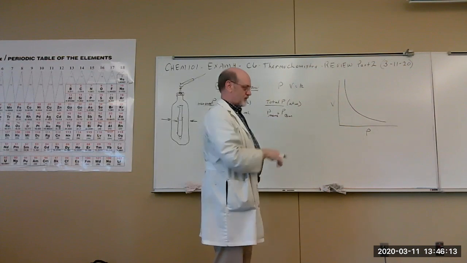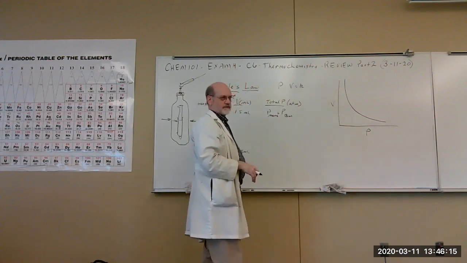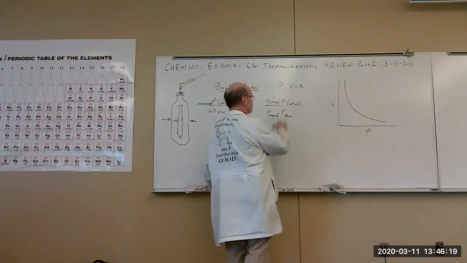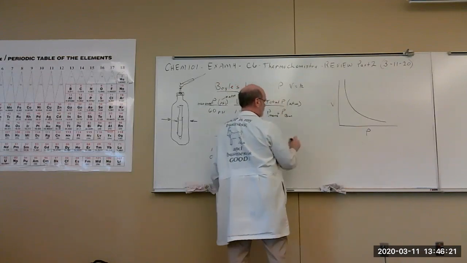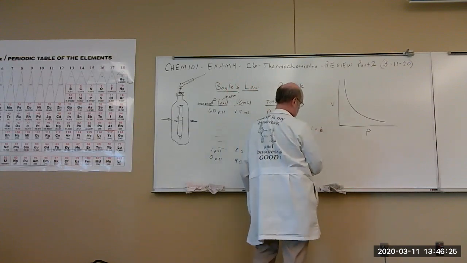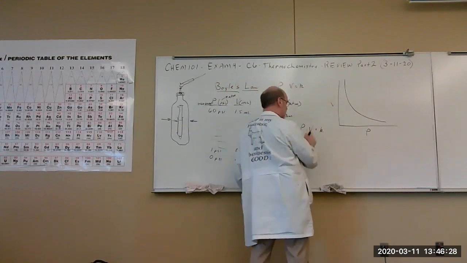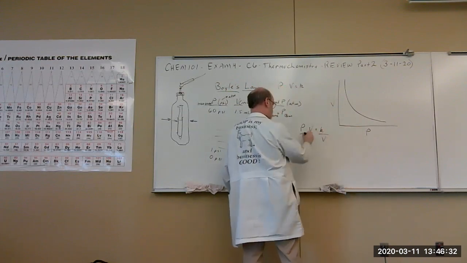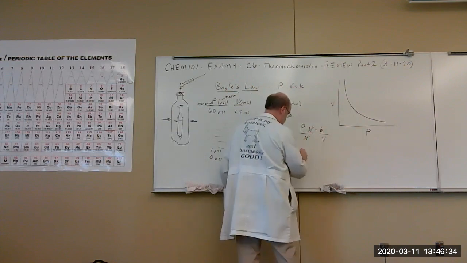But scientists hate curves. Right? We like straight lines. So how do you get a straight line out of that? Well, if we take this, that, with a constant, and we divide both sides by V, right? That gets rid of it on this side.